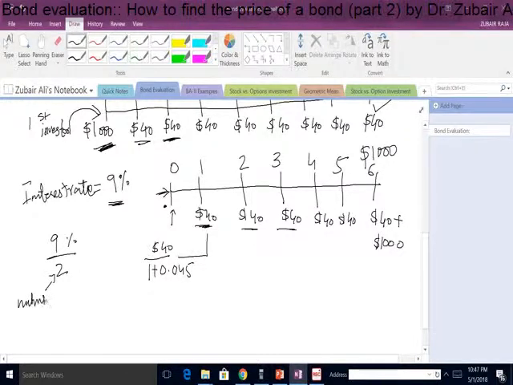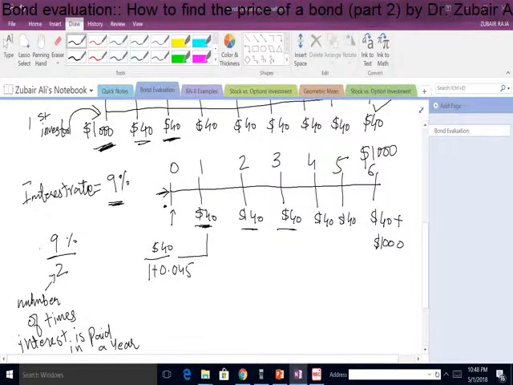times interest is paid in a year. So for example, if the interest will be paid 4 times, then 9% should be divided by 4.